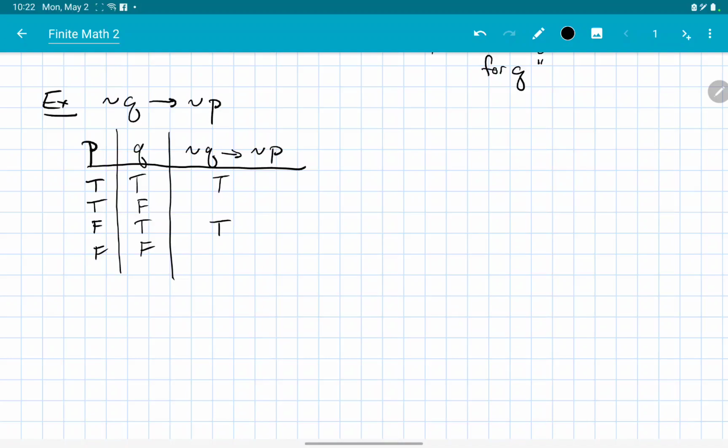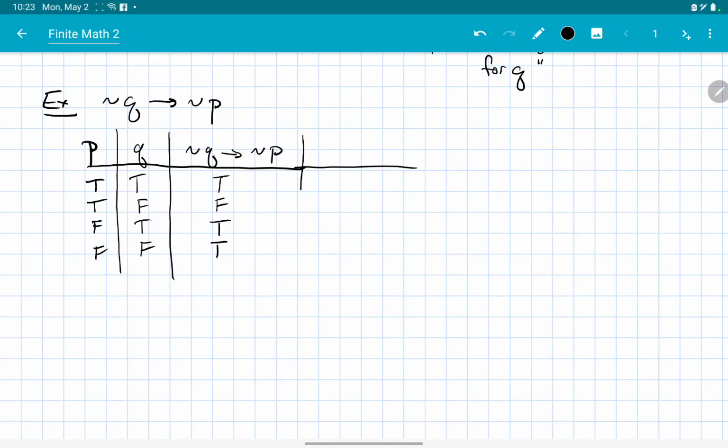Now let's look at the second one. We have not Q, but we have P. This is a problem. So that one's false. Looking at the last one, we have not Q and we have not P, so that is true.